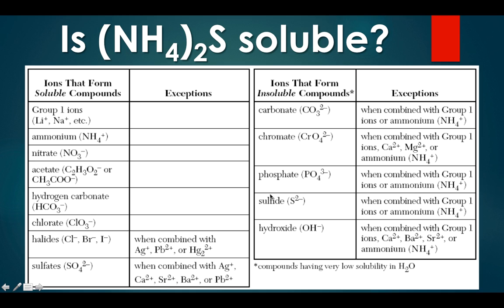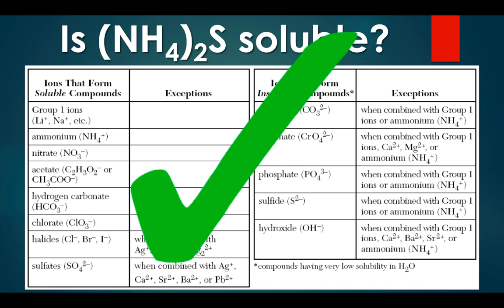They form insoluble compounds, except when they're combined with ammonium, NH4. So look up here. Here we have sulfur, which would normally be insoluble, except when combined with ammonium, which is right here. So because it's combined with the ammonium, this is absolutely a soluble compound.